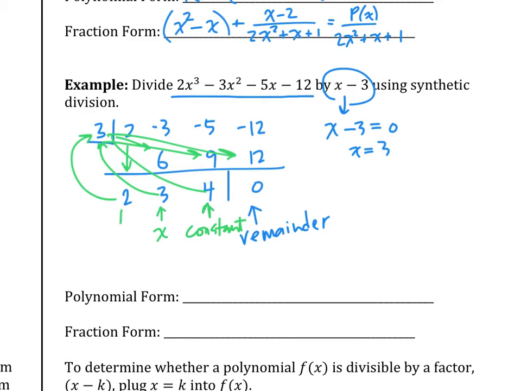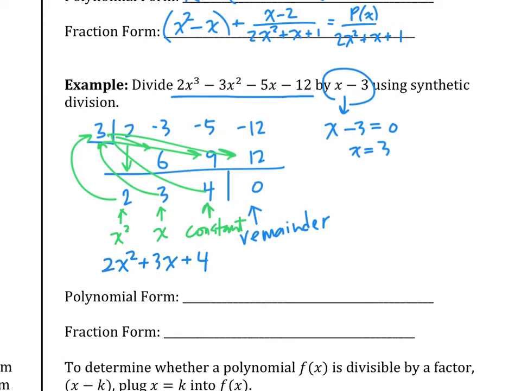So this is first degree, this is second degree, and if there are more numbers, the degree keeps increasing. So this 2, 3, 4 are just the coefficients of these degrees. If we reconstruct this, 2, 3, 4, which is the quotient, is 2x squared plus 3x plus 4. So that's the quotient.